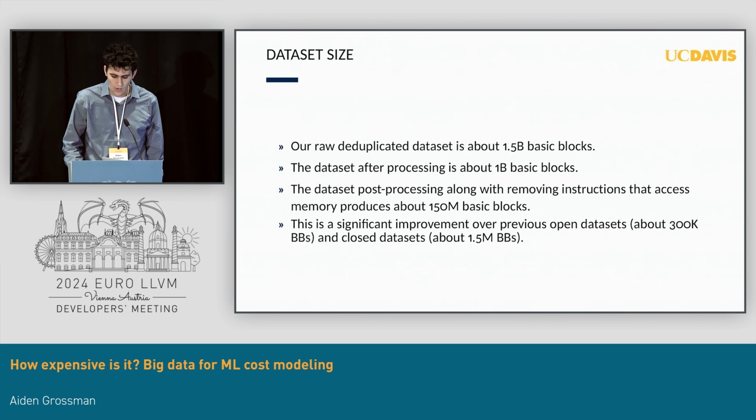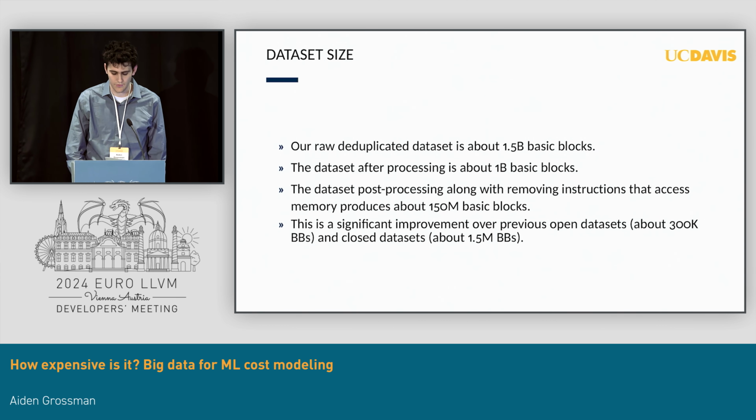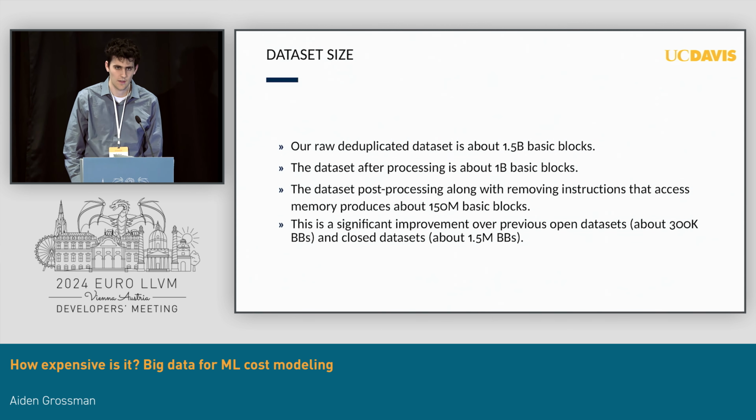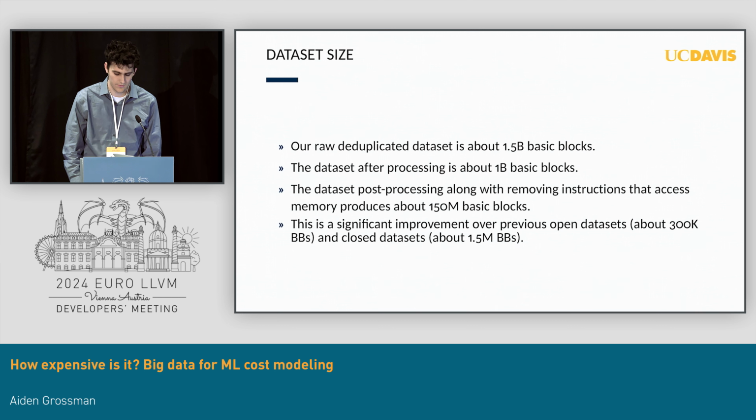With all that, and this probably should have been earlier, the raw deduplicated data set ends up being about 1.5 billion basic blocks. After post-processing and removing the instructions I mentioned earlier, we end up with about 1 billion basic blocks.